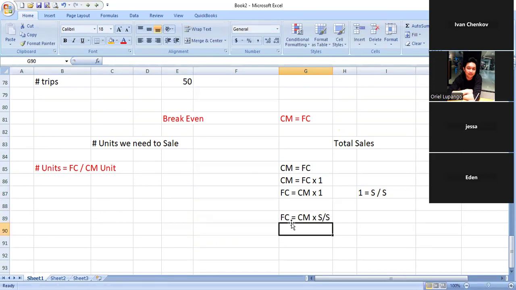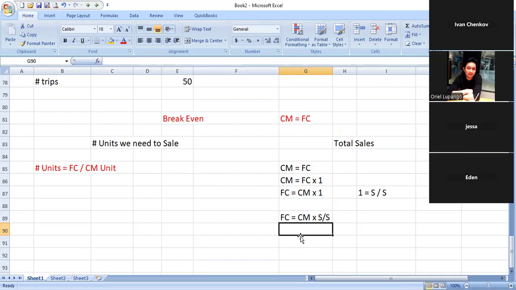Correct? The question is, did I change the formula? No, you didn't, Prof. No, I haven't changed the formula. But now let's see what's happening here.